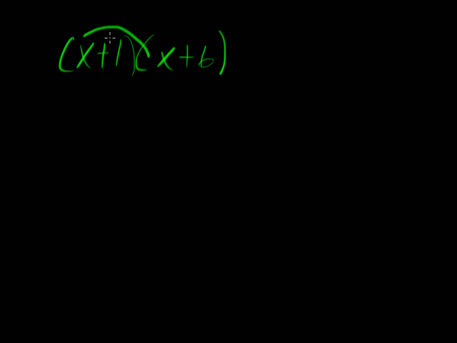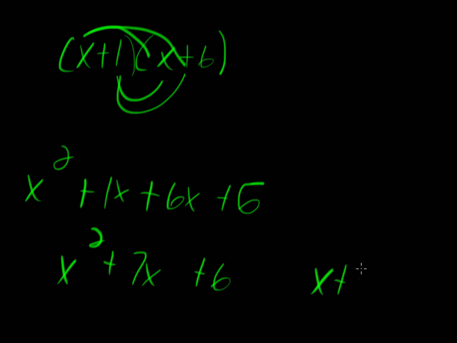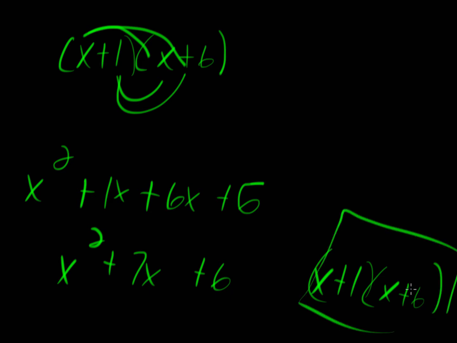So let's see, I can multiply this out, and I'll get x squared plus 1x plus 6x plus 6. And that gives me x squared plus 7x plus 6, which is my original trinomial. So therefore, my answer of x plus 1 and x plus 6 was correct.